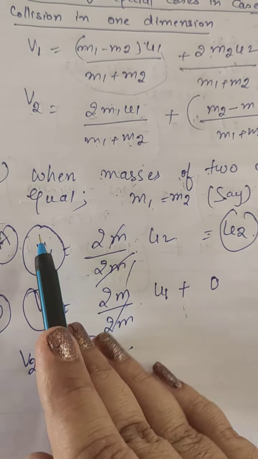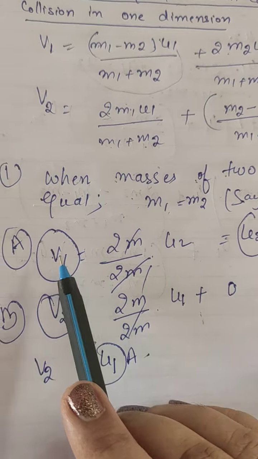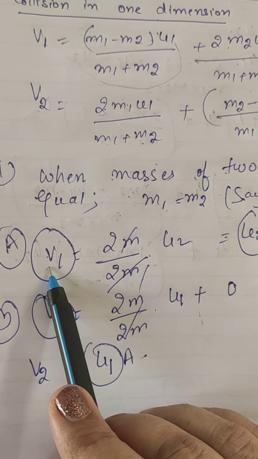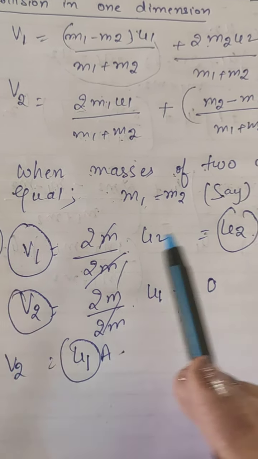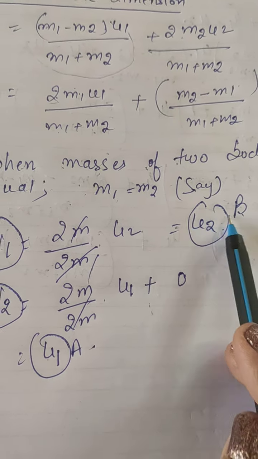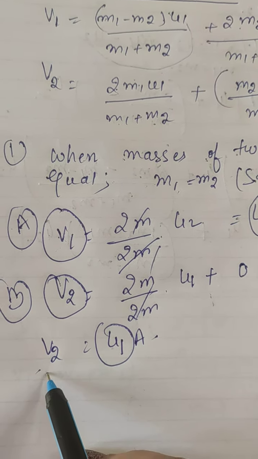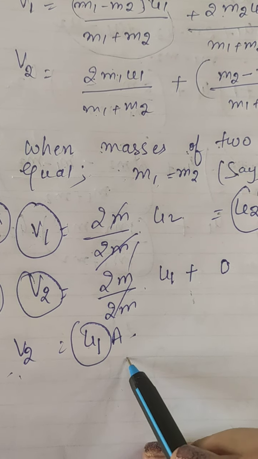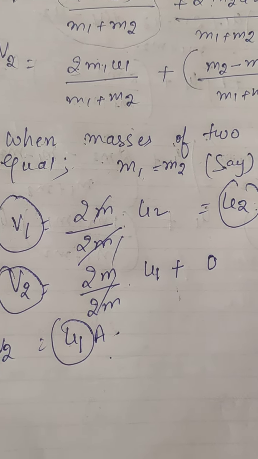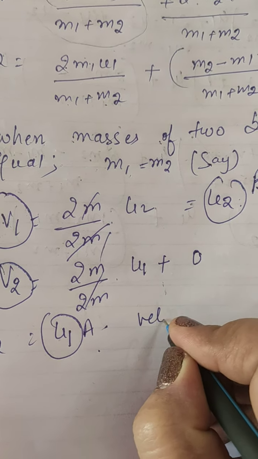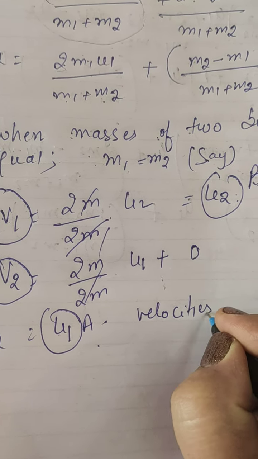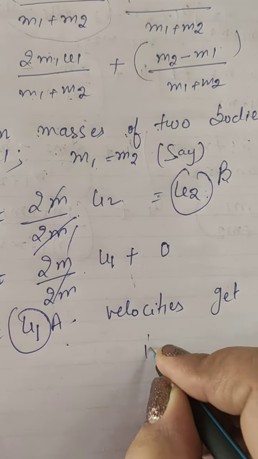You can see here the final velocity, means the velocity after collision for the body A becomes the initial velocity of body B, and the velocity of body B after collision becomes equal to the velocity of body A. It means the velocities get interchanged.